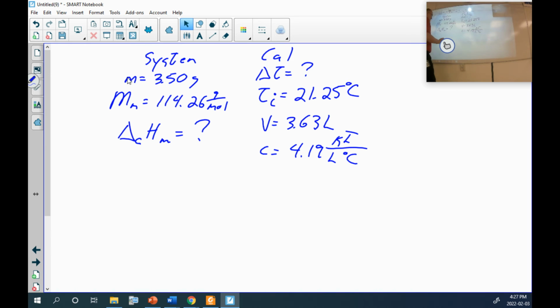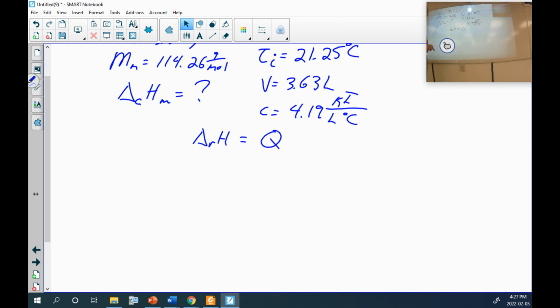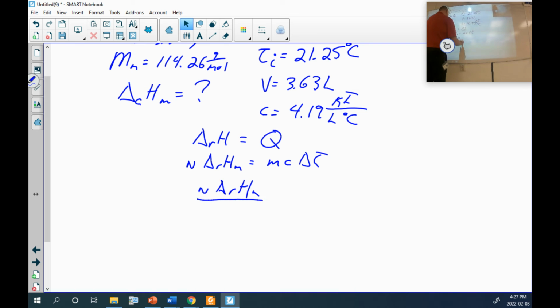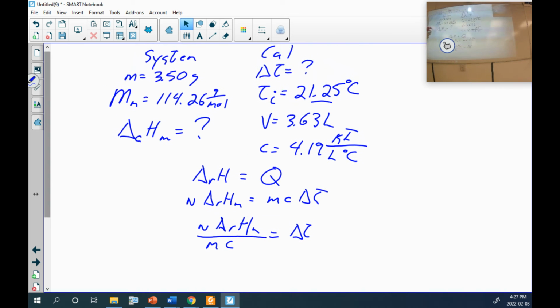So again, starting with this idea of the overall energy change of the system is equal to the energy change that happens in the calorimeter. So n delta H_m over mC, that is our change in temperature. I'm not using T_i until the end. So quick little calculation for the molar mass, I'll just do that on my calculator to start with.